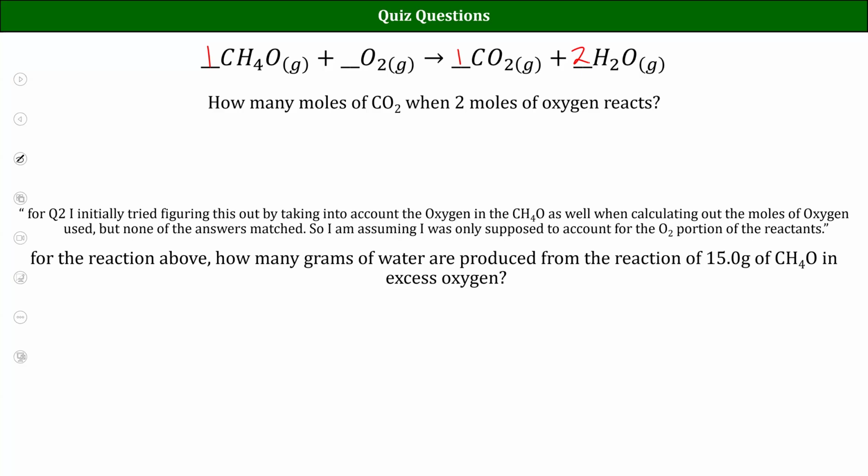Total of 4 hydrogens on the left, so I need 4 hydrogens on the right. That all looks okay, except now we have the opposite problem. Now we have an even number of oxygens on the right-hand side, but an odd number on the left-hand side. So that tells us that something's got to be shifted.